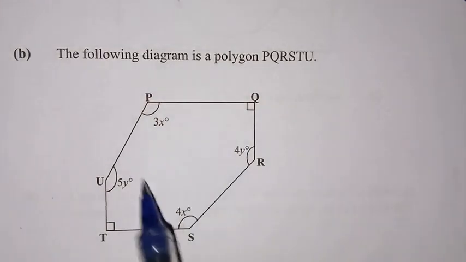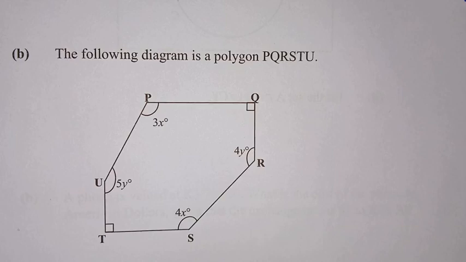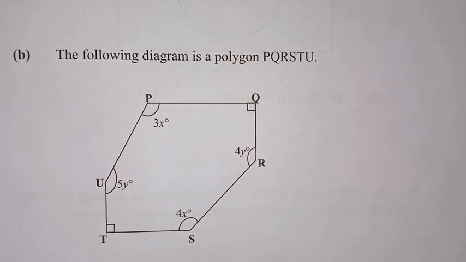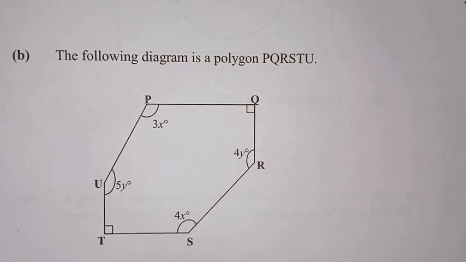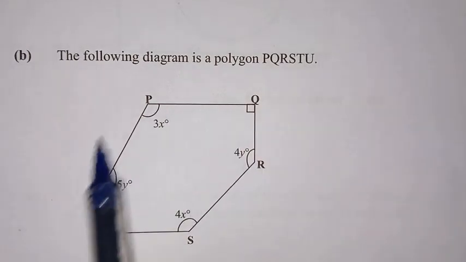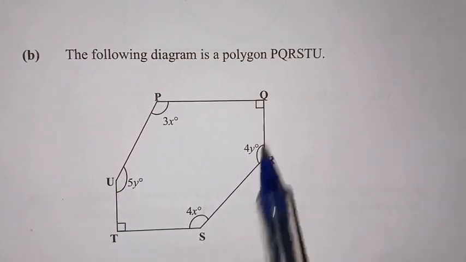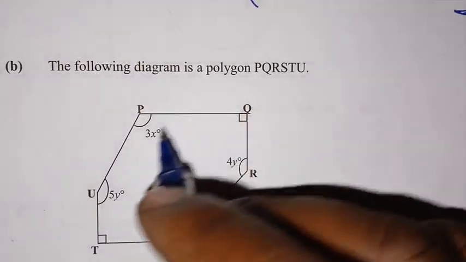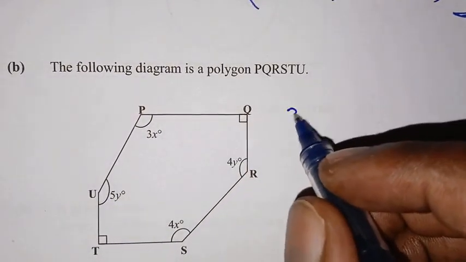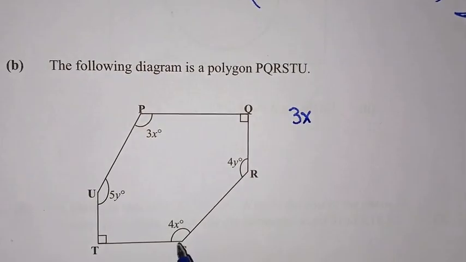So what is this polygon? This is a 6-sided polygon. So what is the sum here? We are going to add all these. I'll get those that go with x first of all.